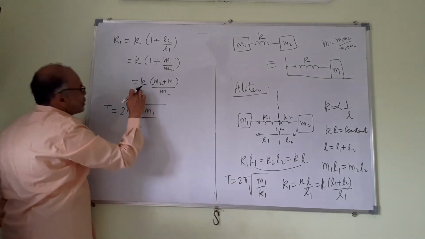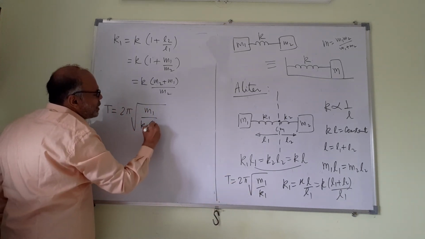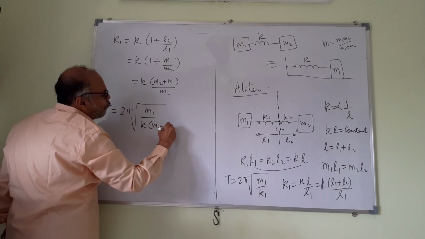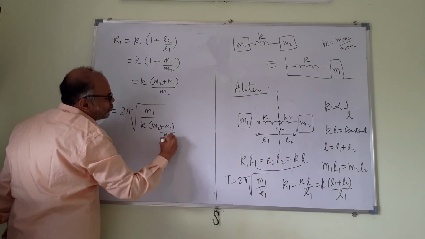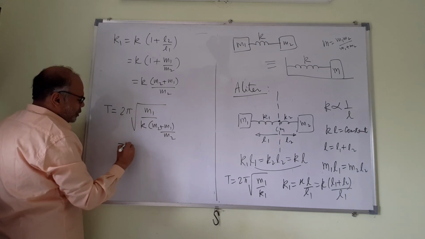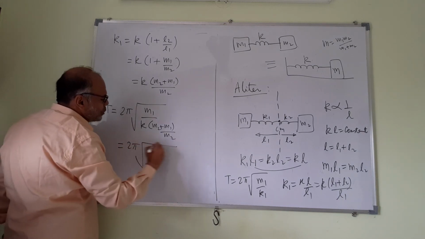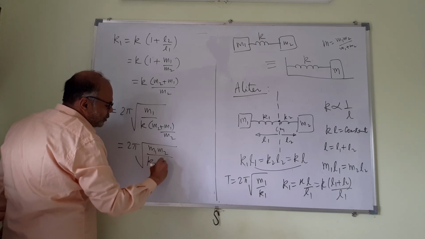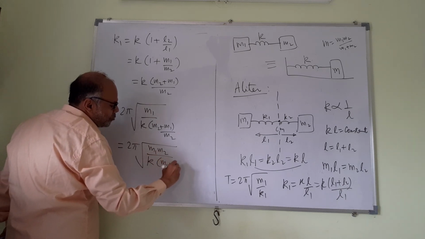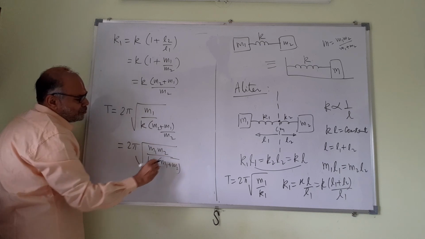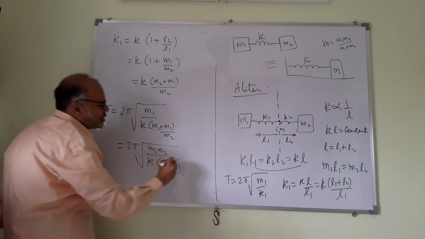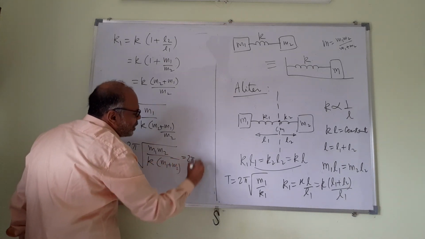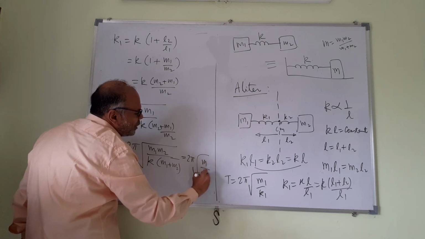We saw that. So we substitute for this. It will be K into M2 plus M1 by M2. That will be 2 pi root of M1 M2 by K into M1 plus M2. That is M1 M2 by M1 plus M2 is the reduced mass. We get the same result, M by K.